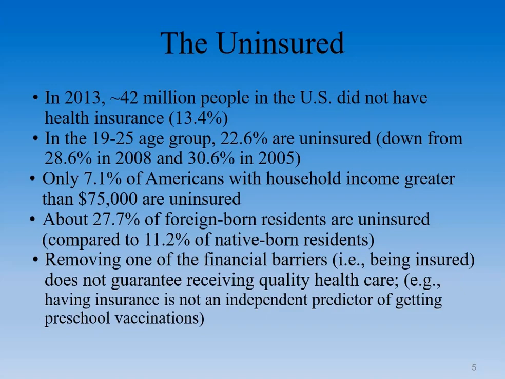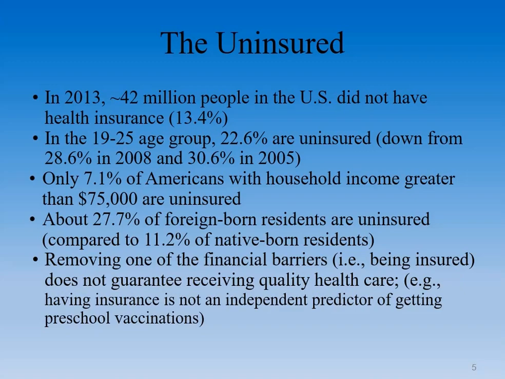Only 7.1% of Americans with household income greater than $75,000 are uninsured. So you can see it really is dependent on income. About 28% of foreign-born residents are uninsured compared to 11% of native-born residents.